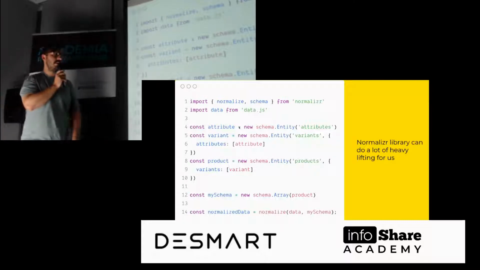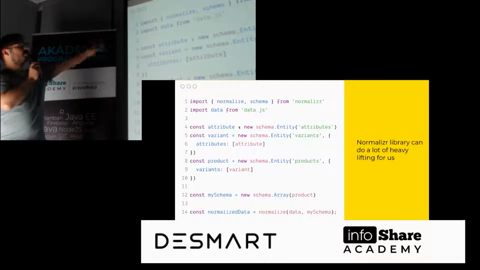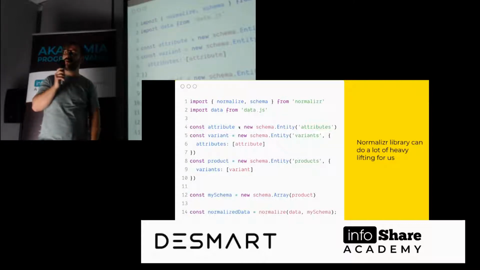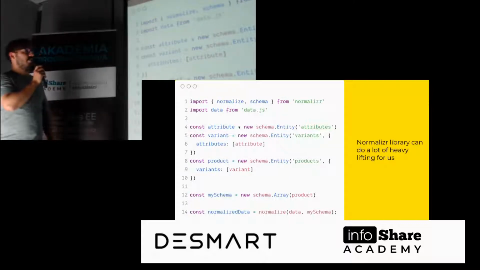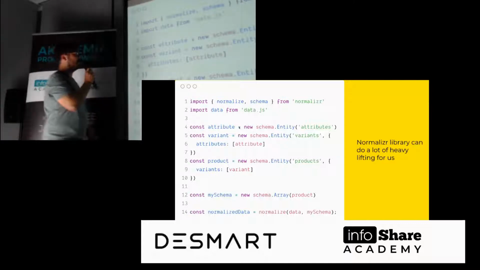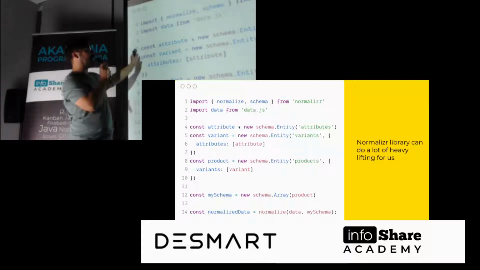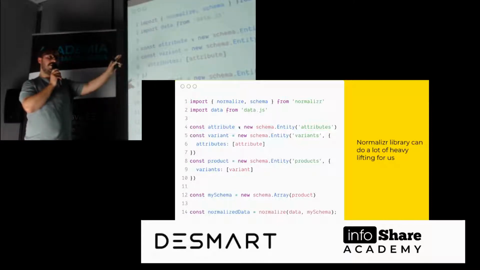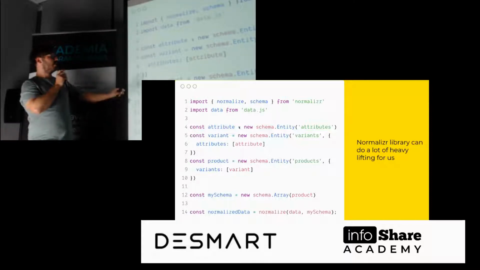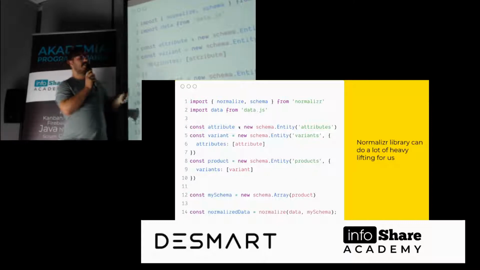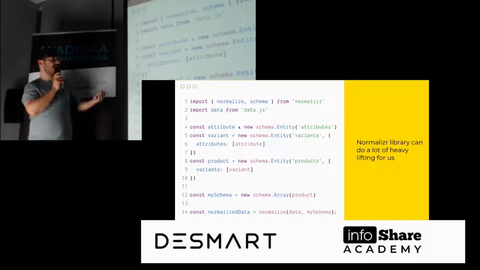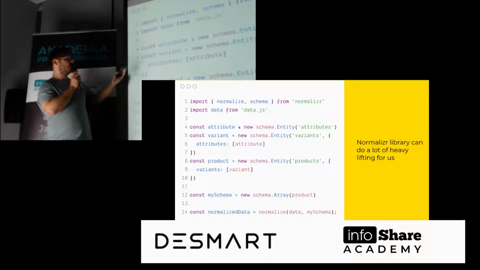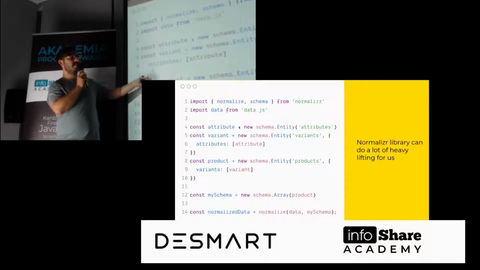So basically we are importing the data. The data is our well-known collection of products, and we are defining three entities. We have the attributes entity, we have the variants entity. We are saying also that inside the variants entity there is a nested entity, and we are telling the normalizr library that.